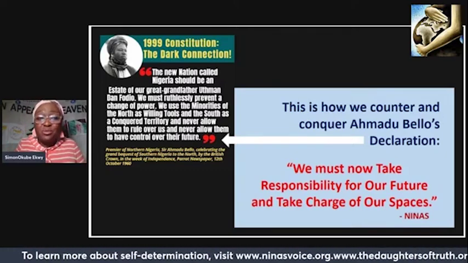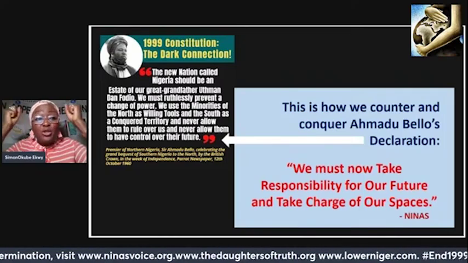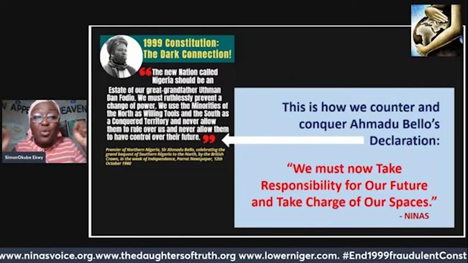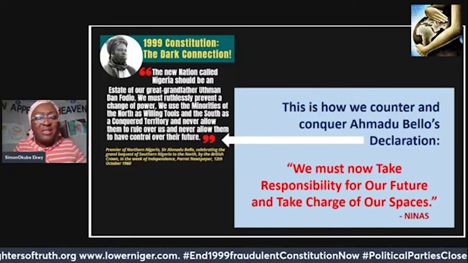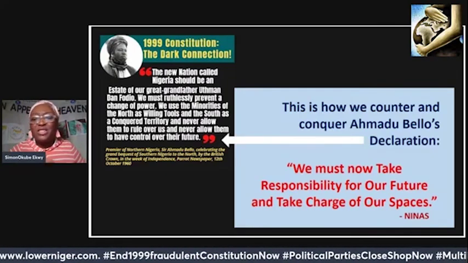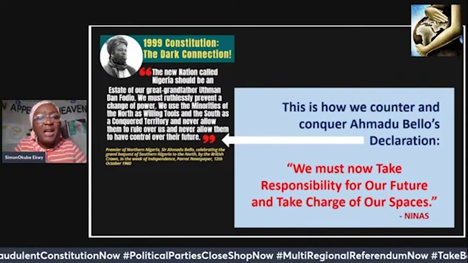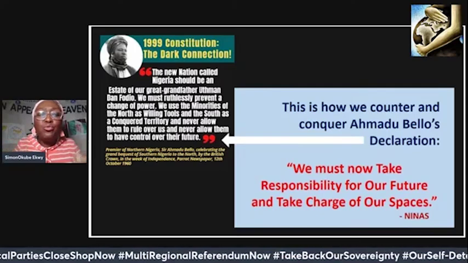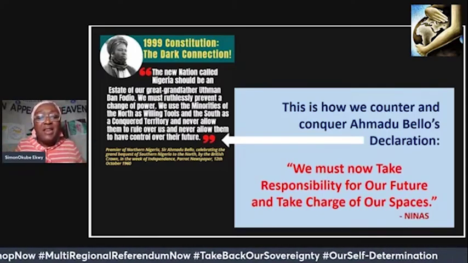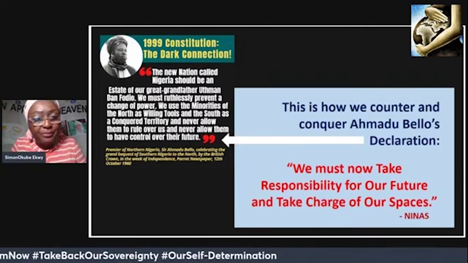Now we have more willing tools. The politicians, your brothers and sisters, all the people holding on to that 1999 constitution are the willing tools. And the South, the entire South, whether you're Yoruba, Ishekiri, Ijo, Igbo, all of you, is conquered territory and we should never allow them to rule over us and never allow them to have control over their future.